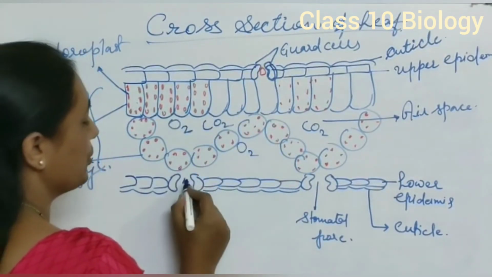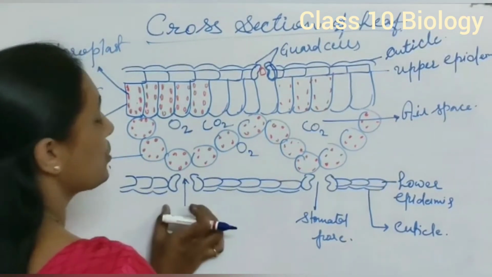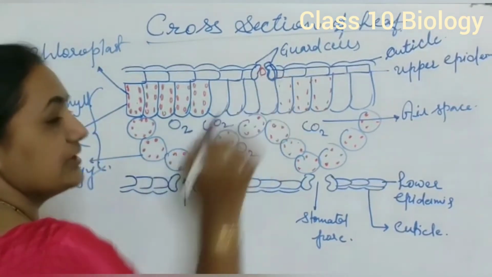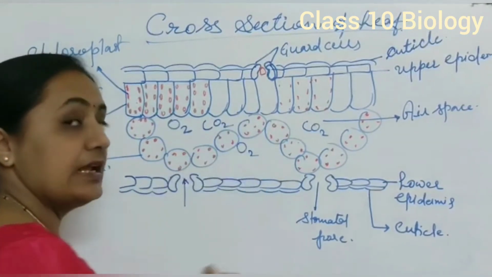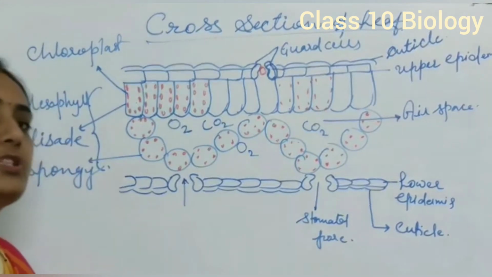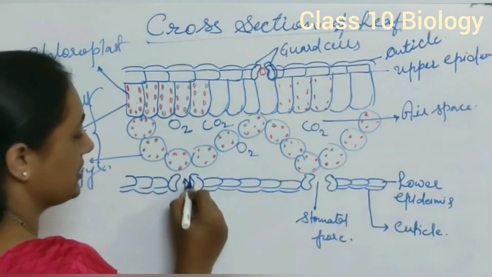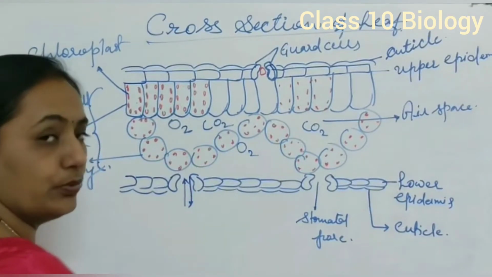For example, CO2 is the basic raw material for the process of photosynthesis. So CO2 comes in through this stomatal pore. Similarly, as a byproduct of photosynthesis, molecular oxygen is released. That molecular oxygen comes out from this stomatal pore.